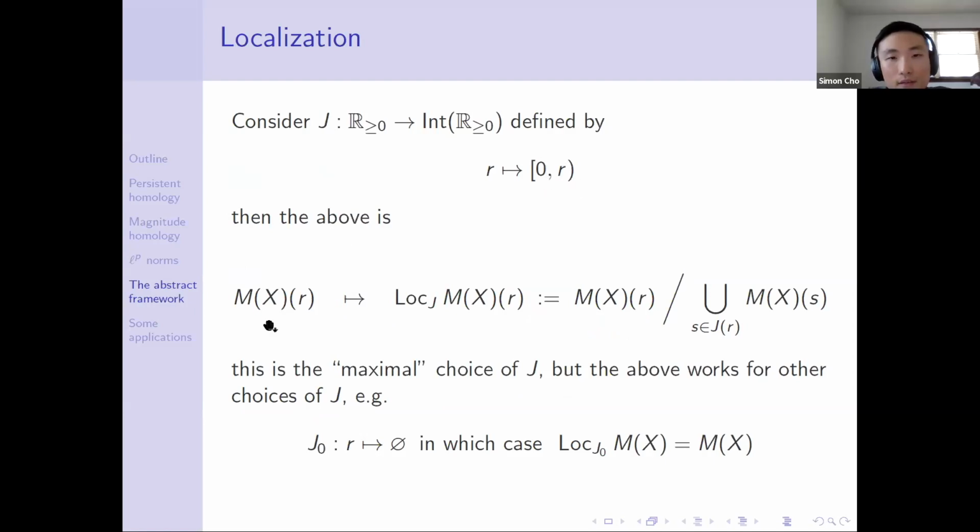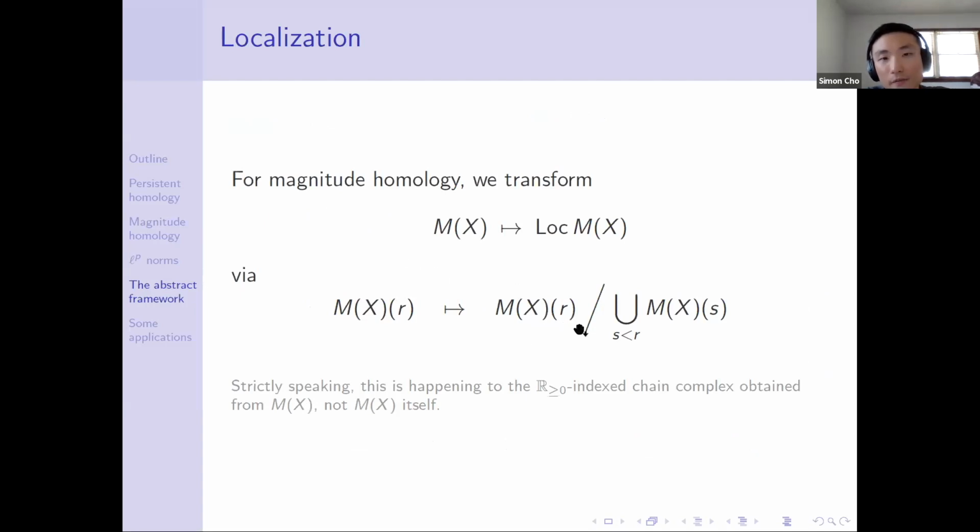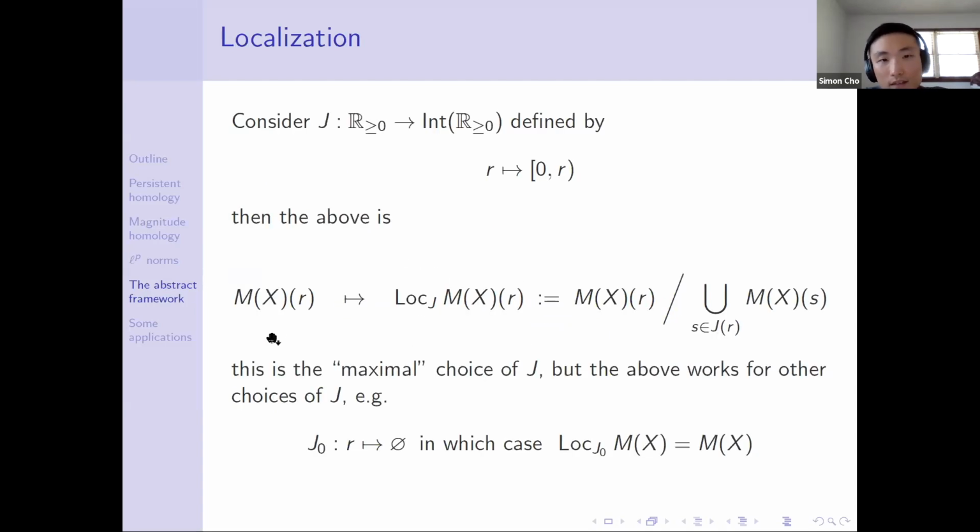Then this transformation we just saw is just this: at each value of R, for the value of the magnitude complex at R, you just mod out by all of the things that are contained in J of R. So this is the maximal choice of J that you can make while still retaining all of the information about your original space, because what you're doing is killing off everything that came before.